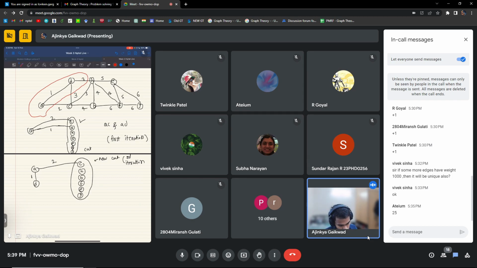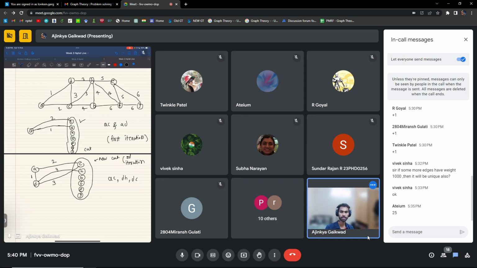Then I have DC, of weight 3, and one more edge, DH, which is also of weight 3. So there are three edges: AC, DH, and DC.